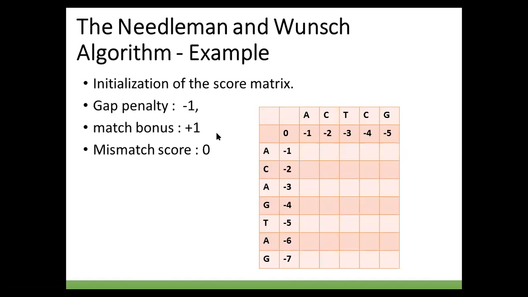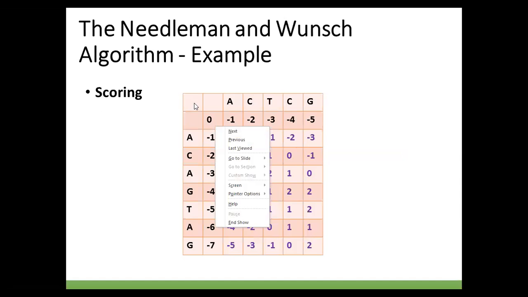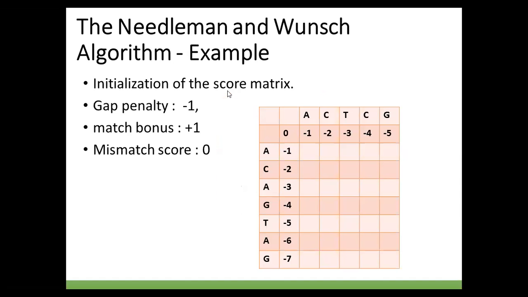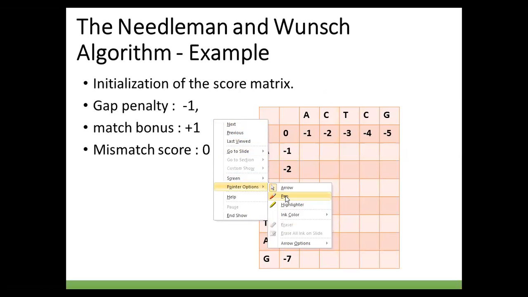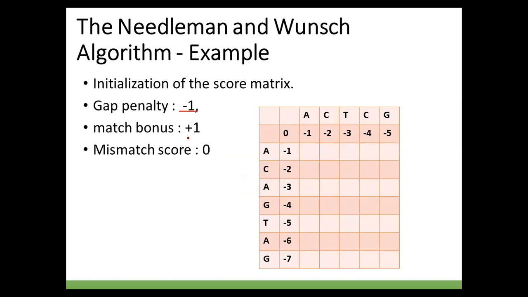In this particular example, we have taken -1, +1, and 0 as the score values. Here you are assuming two gaps initially, and that's a must when you want to align two sequences. You put the two sequences on two sides.